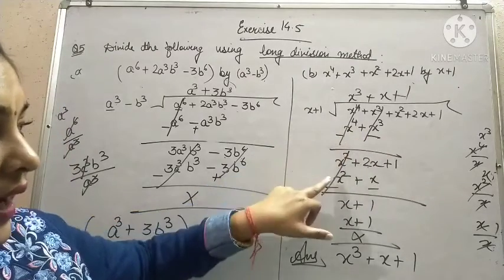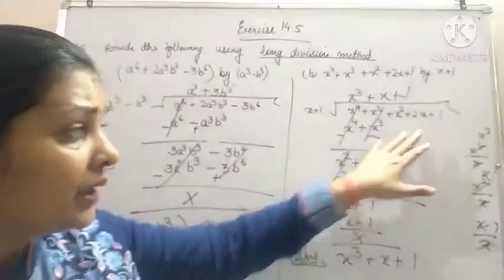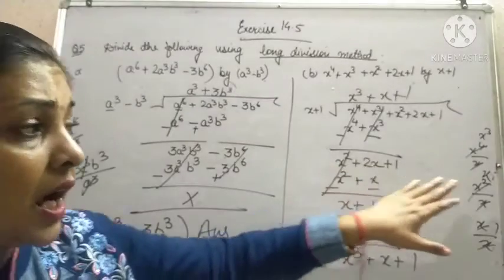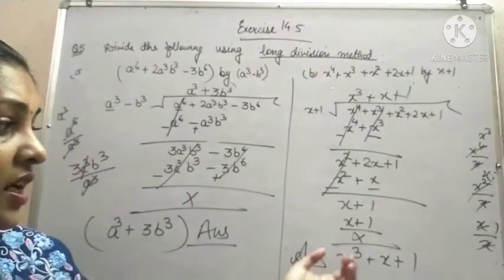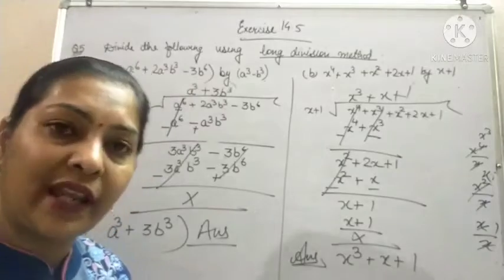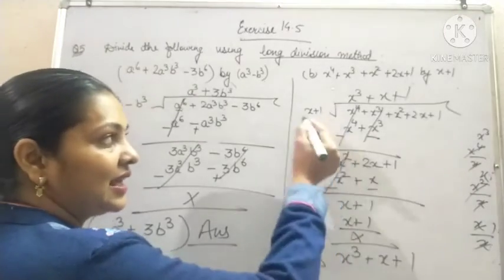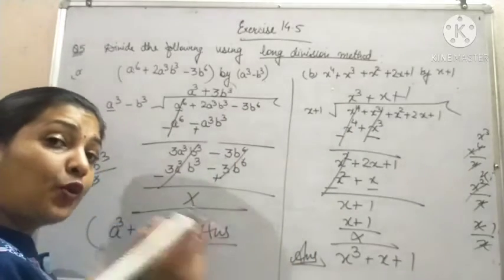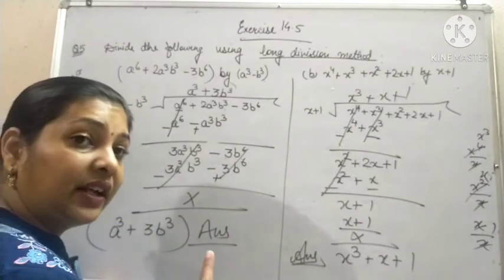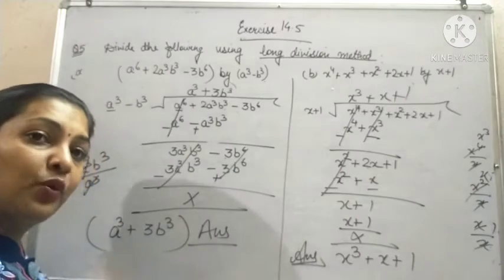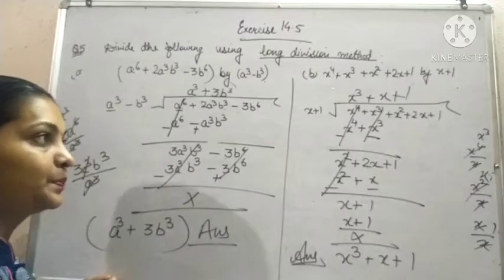Change their sign and solve it. Then bring down the rest of the expression over here. Again repeat the same procedure until you obtain either 0 or a remainder of lower degree than the divisor. How to find whether it is less or not, we will do in further problems.